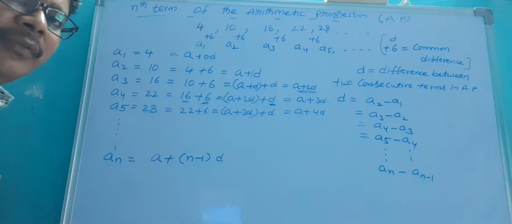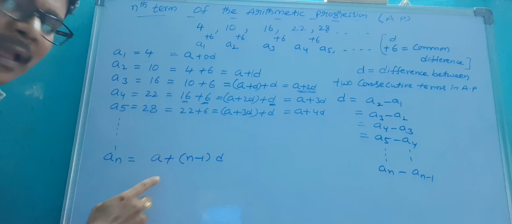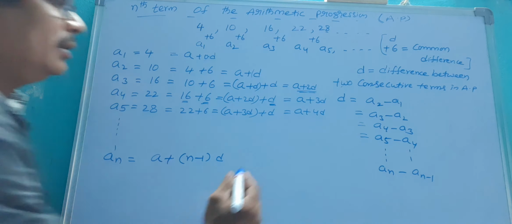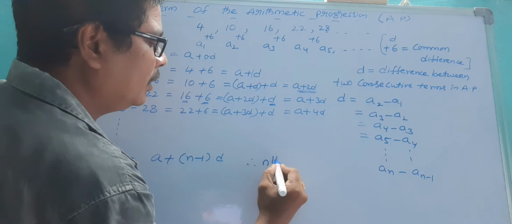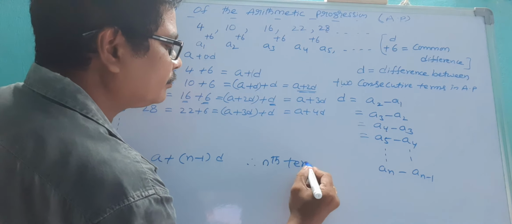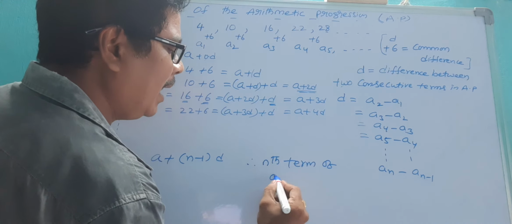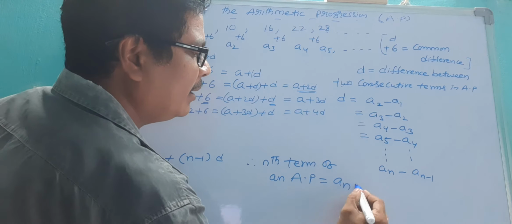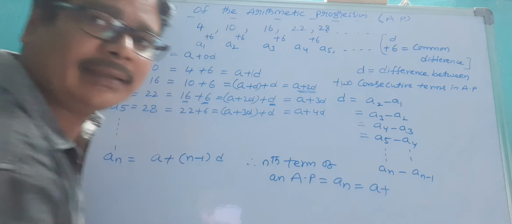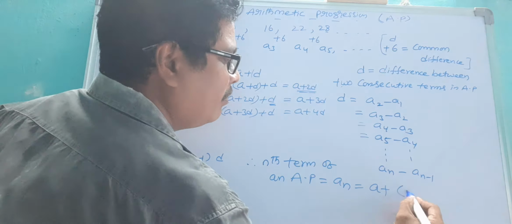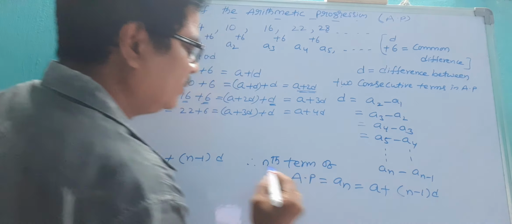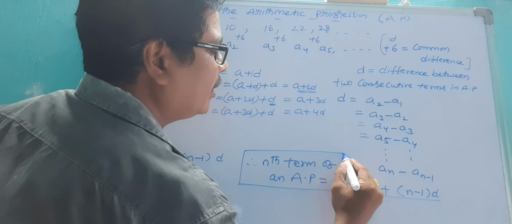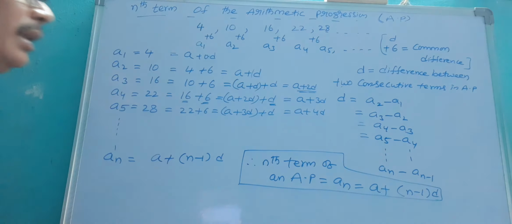So what is the formula for the nth term of AP? An equal to A plus n minus 1 into D. So therefore the nth term of an AP is An equal to A plus n minus 1 into D. This is the formula for the nth term of the AP.